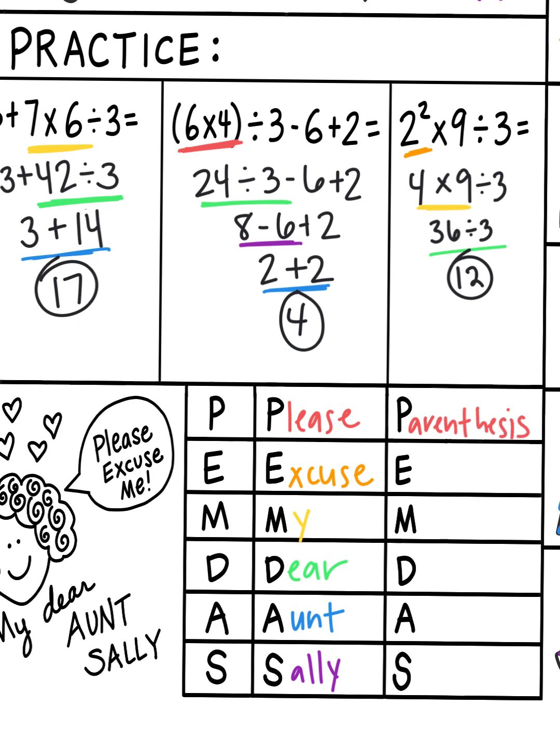The E stands for exponents. M is multiply. D is divide. A is add, and S is subtract. That saying just helps you remember: please, P for parentheses; excuse, E for exponents; my, M for multiply; dear, D for divide; aunt, A for add; Sally, S for subtract.